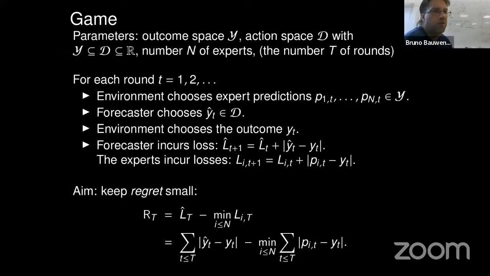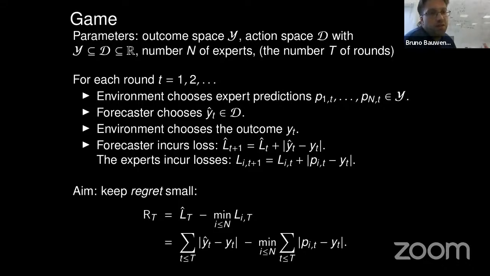Okay, so here is the formal definition of the game. The labels are called the outcome space, and there is an action space. We assume we have more actions than labels, everything natural numbers. The game depends on the number of experts, and for some results, we fix the number of rounds.